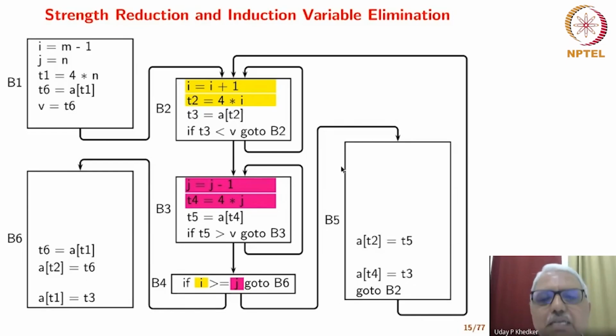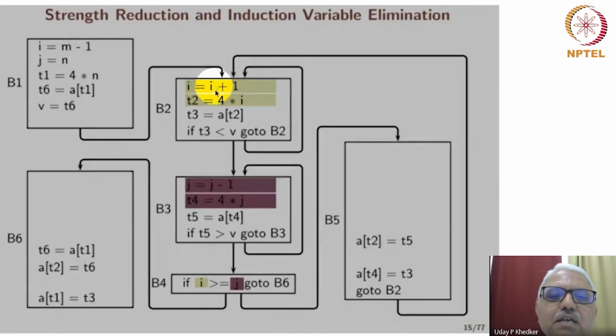So the thing to observe here is that when we compute 4 star I here and when we compute 4 star J here, the value of T2 increases by 4 every time the value of I increases by 1. Similarly here, the value of T4, because T4 is 4 star J and J is decremented by 1, every time the value of T4 decrements by 4.